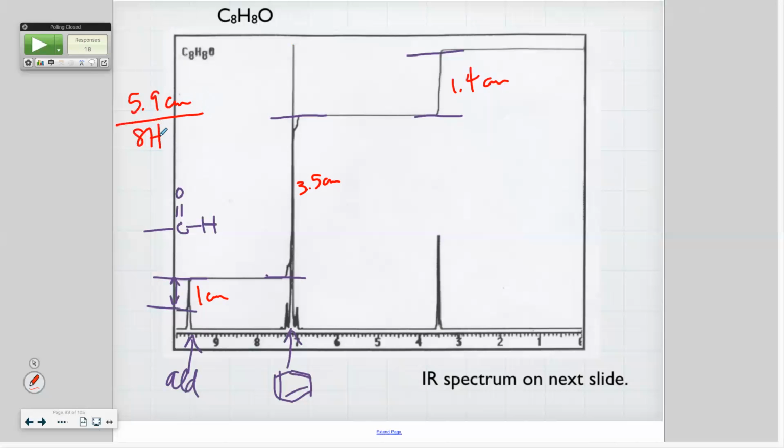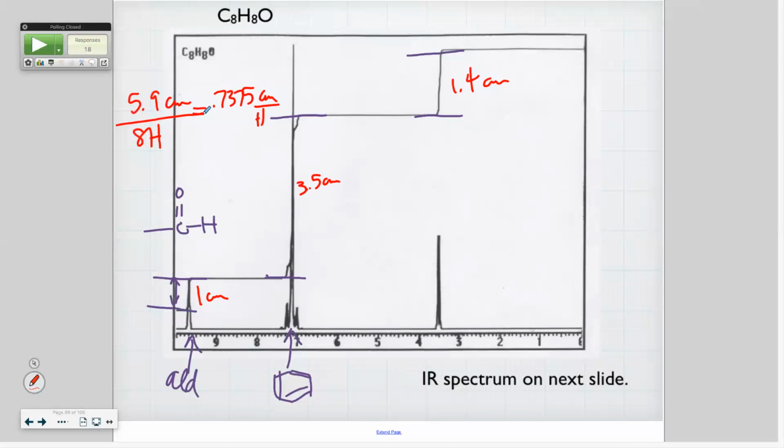Surely somebody's done it already by now. All right, I get 0.7375, and the unit is centimeters per hydrogen.